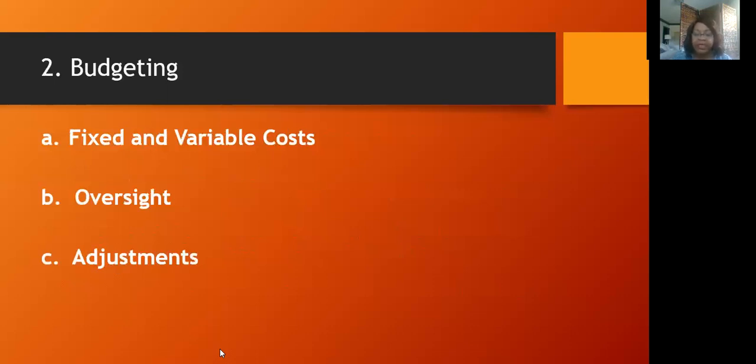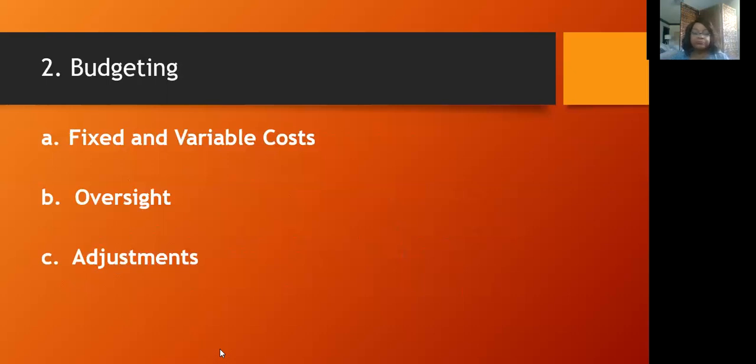Unfortunately, many programs are challenged with being up to date and being fiscally savvy and making sure that they're aware at all times of things that happen within their budget. As we take a look at this, we see three factors here. We see fixed and variable costs.